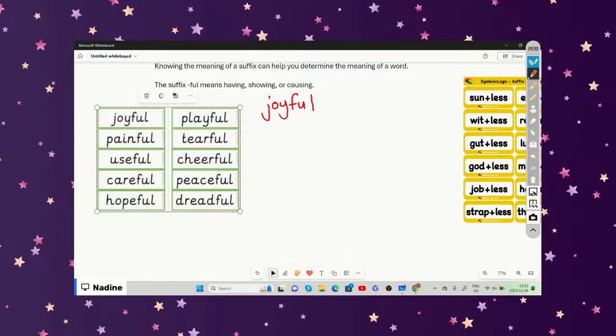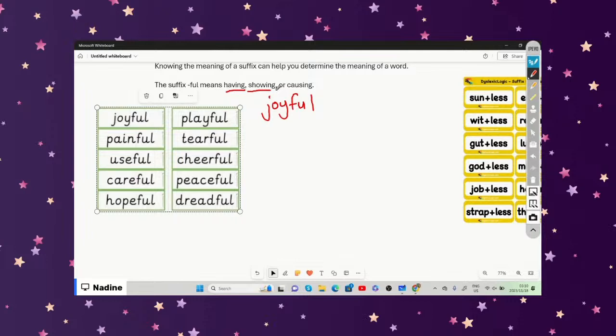Joyful is a word that means something positive. Joy is happy, excited, especially now that it's the Christmas season, we are joyful. So this is either having lots of joy or showing lots of joy, and joyfulness you usually show on someone's face.